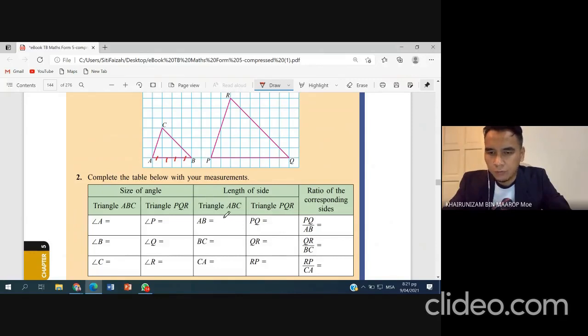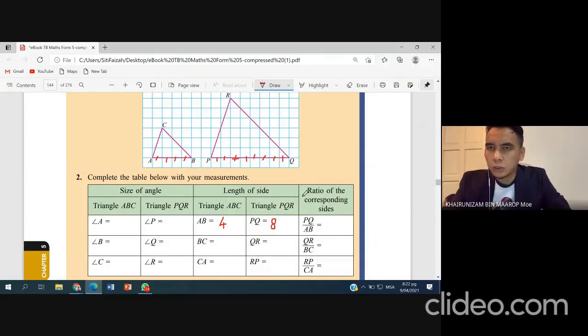So there are 4 units. And then for PQ, 1, 2, 3, 4, 5, 6, 7, and 8. So there are 8 units.